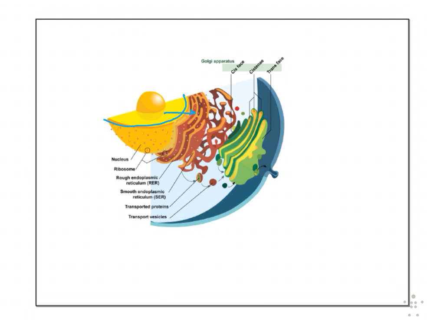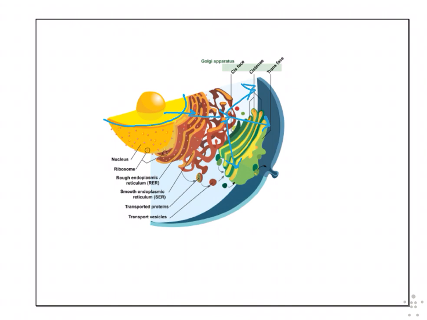And the rough ER, those instructions will find a ribosome. In the ribosome, it will make the protein. Then the protein will make it to the Golgi apparatus, and then the Golgi apparatus will send it wherever it needs to go. So your order is nucleus, rough ER, ribosome, Golgi apparatus, and then released. Does that make sense?